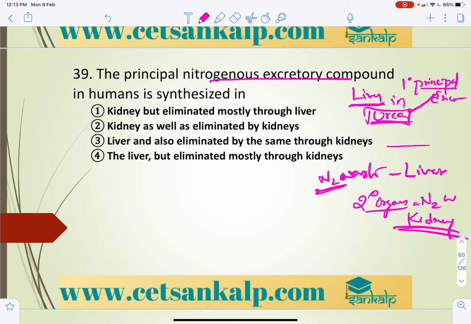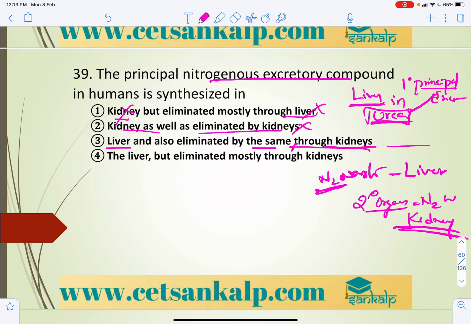So the option that the kidney won't synthesize is wrong. Eliminated through the liver is wrong. Kidney as well as eliminated by kidneys is also wrong. Liver, and also eliminated through the kidneys, that is correct.